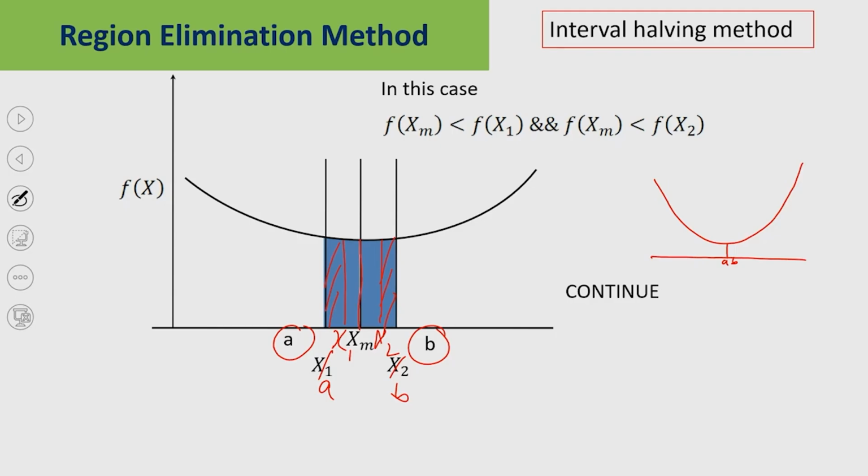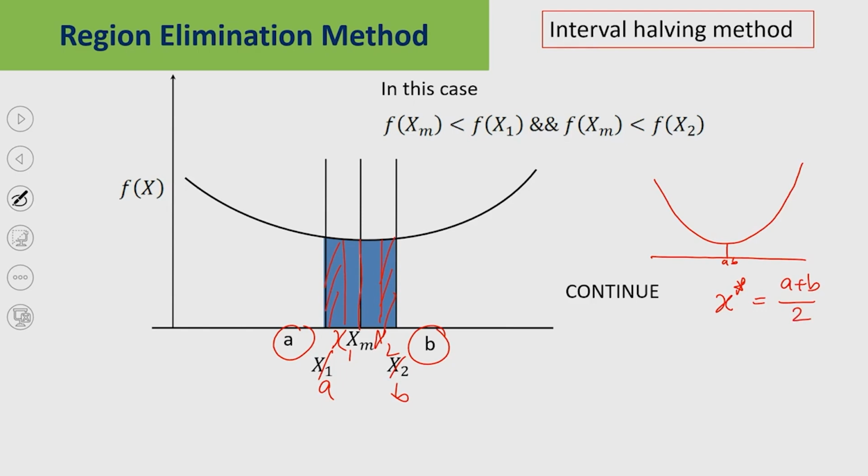If the distance between A and B is reasonably small, then you can terminate your iteration and say that x star, the optimal value, is A plus B by 2. Okay. So, A plus B by 2 is your optimal solution.